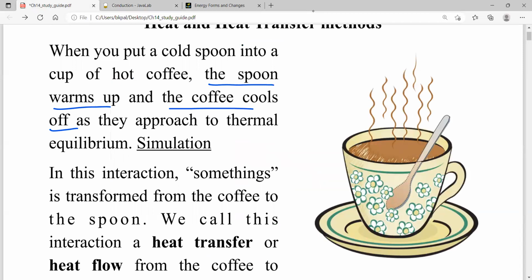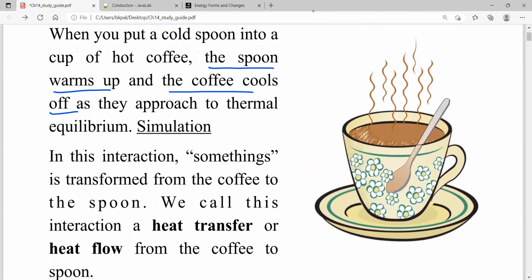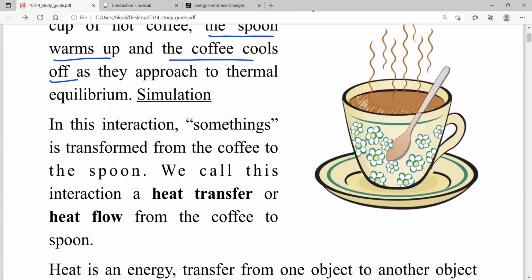Now, what is basically happening here? In terms of the physics, there is some energy in the form of heat entering the cold object from the hot object.